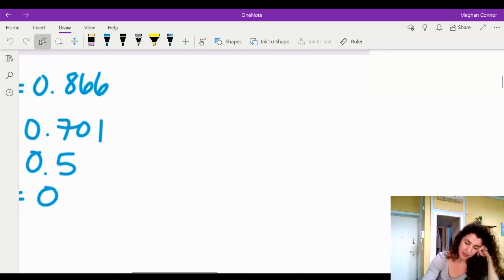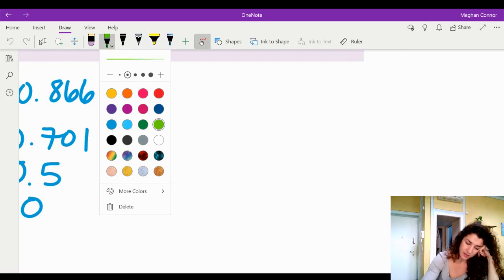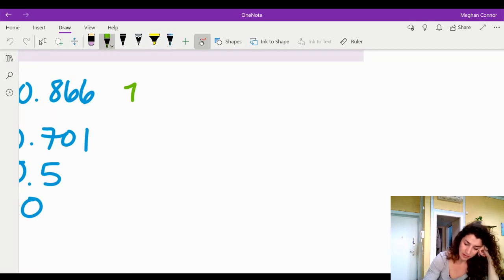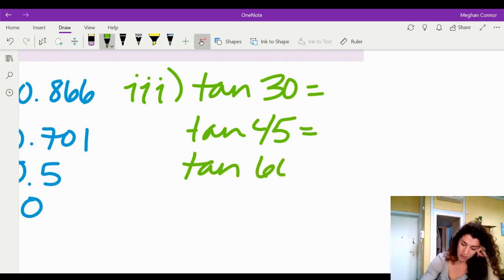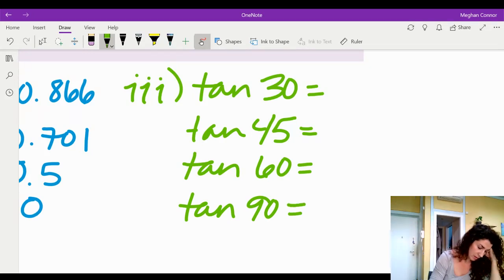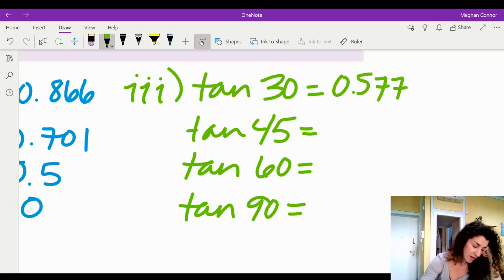And then tangent. Okay, so we get 0.577, 1.73.